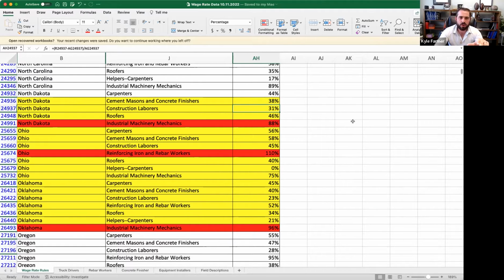And so North Dakota has cement masons and concrete finishers, which is going up 38%, equipment installers 88%, and construction laborers 31%. But they will use the national average for something like rebar workers, for example. So that's something to be aware of.